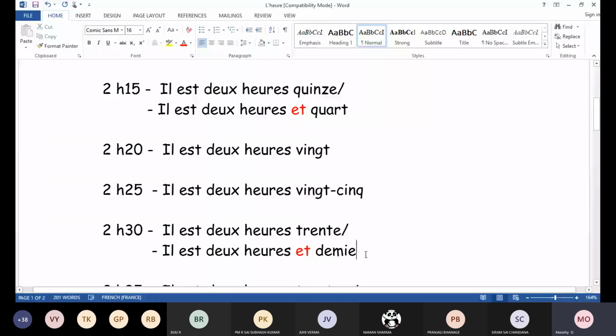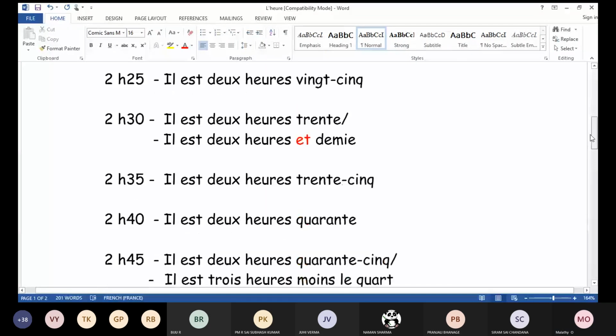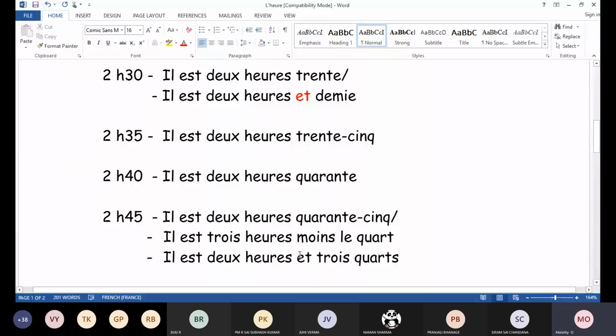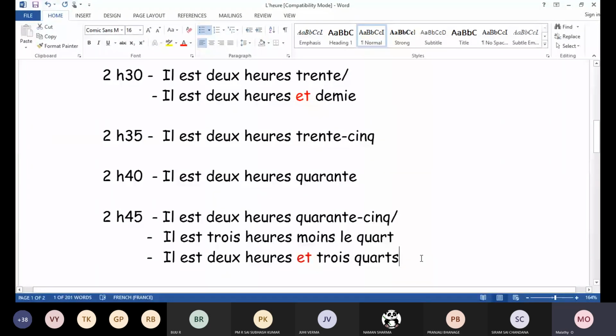Il est 2h30. Demie is half. So you use et when you're expressing quarter and half. Here, this is the third place where you use the word et. Only in these 3 contexts you use the word et, which means and.